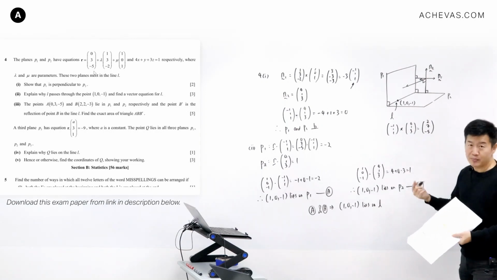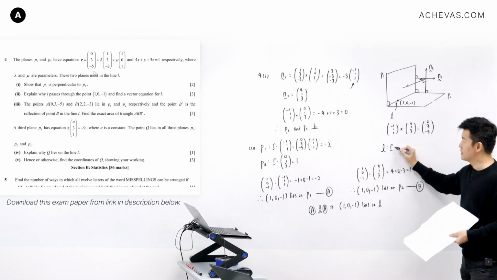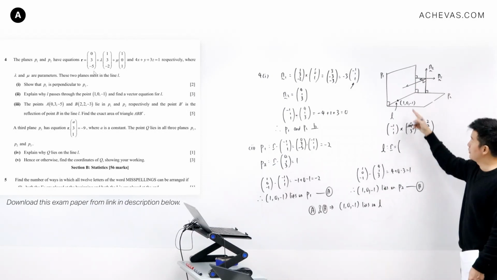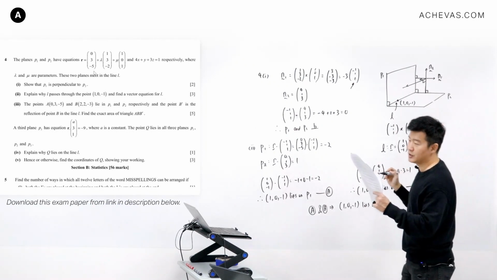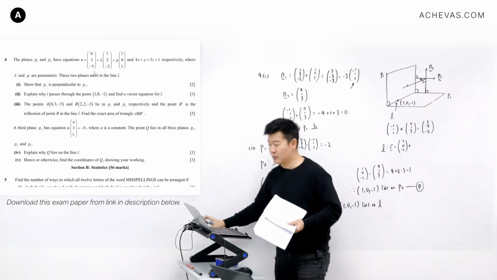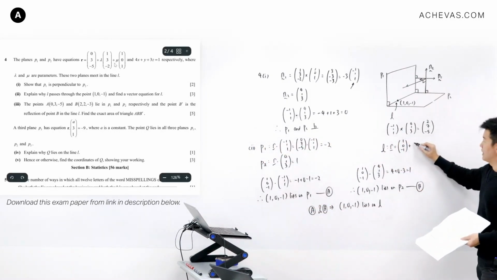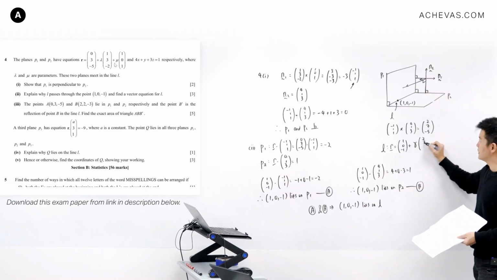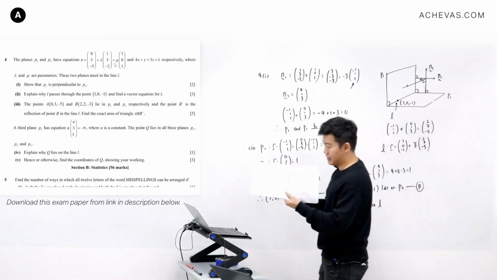And this will help me to get a vector that is parallel to L, which means that L will look like this. R is equal to the position vector of a point that is on L. We have already verified that this point lies on L, plus, since the question has already used lambda and mu here, I'm going to avoid lambda and mu. Let me just use gamma. So plus gamma of 2, 7, minus 5. So this is the equation of the line L.